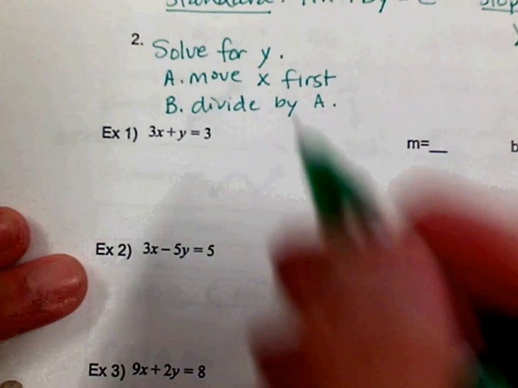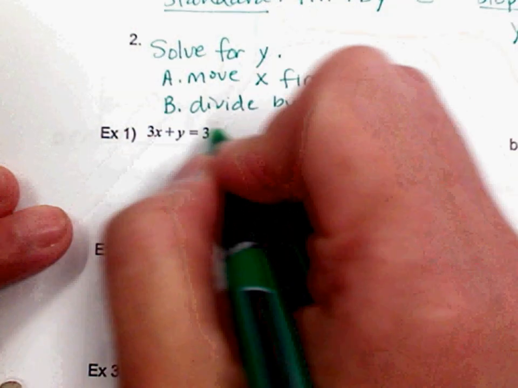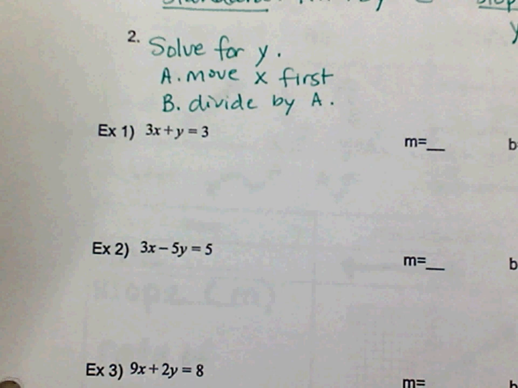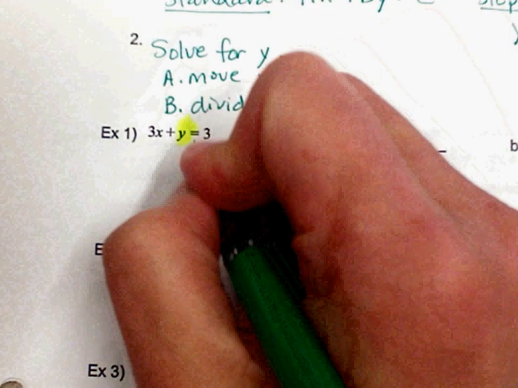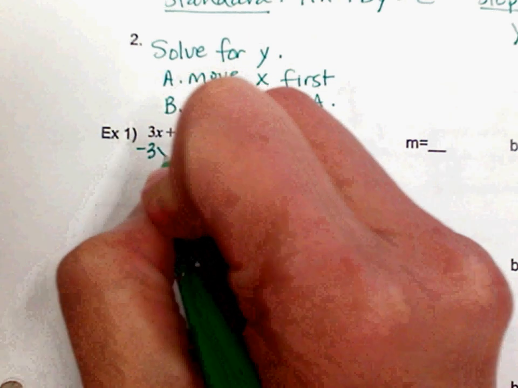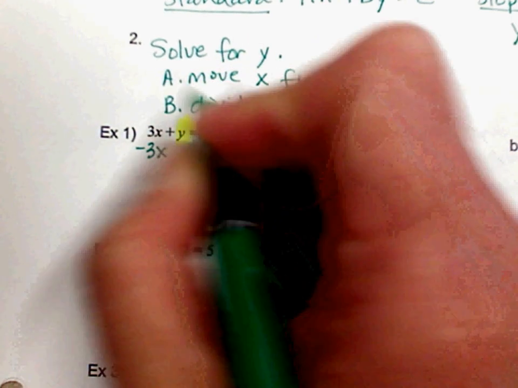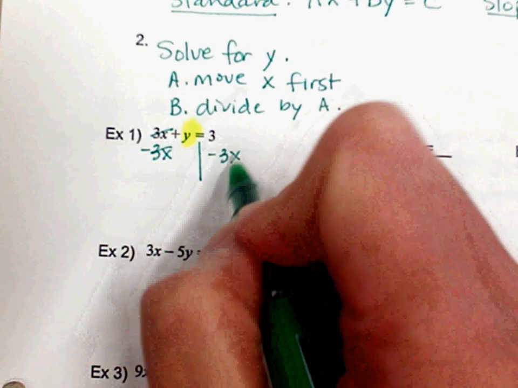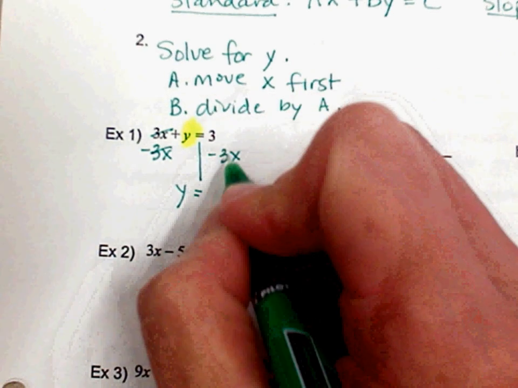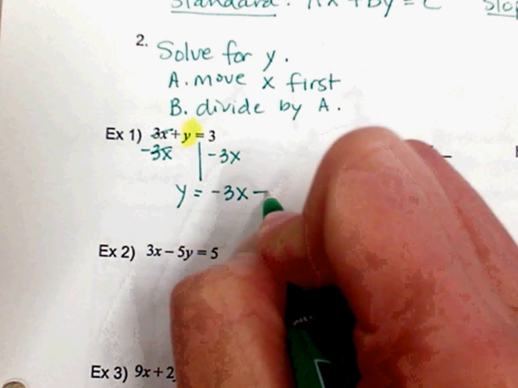So you have 3x plus y equals 3. Okay? You want to solve for y. See that y? We never want to move that y. So we're going to move the x first. Minus 3x minus 3x. That cancels. Now, notice how this is a 3 and this one has an x. So y equals, write the x first, negative 3x plus 3.